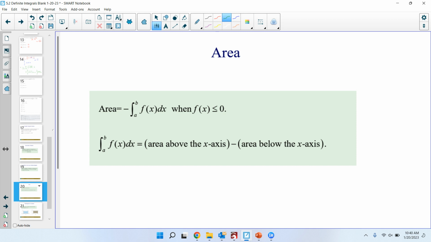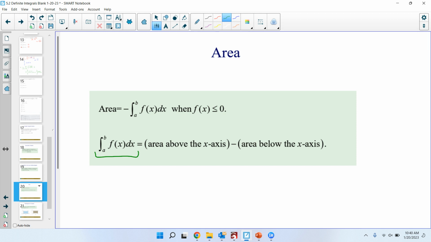I don't want to say direction, but it's similar to that concept of giving it some value, but then also assigning it a positive or negative entity, for lack of a better word. So this is what the integral is going to do for us.